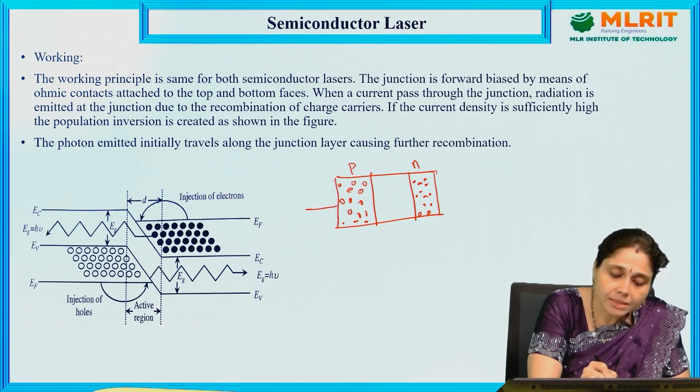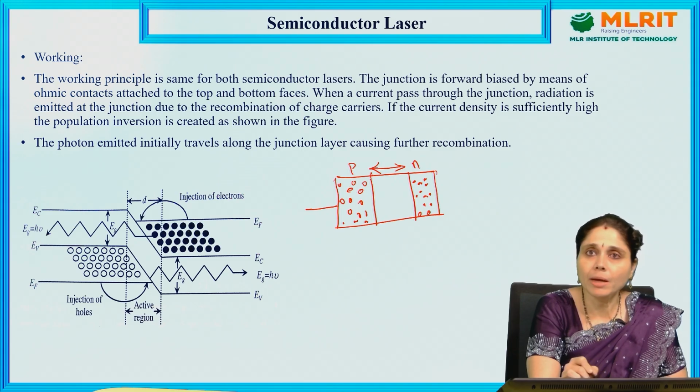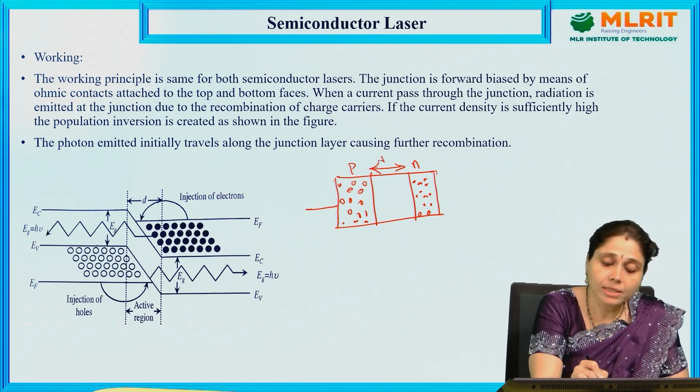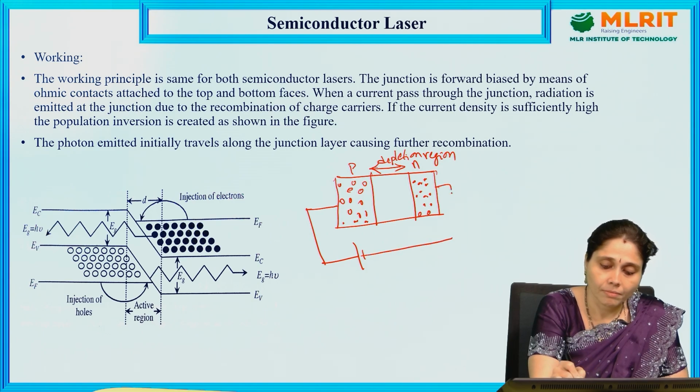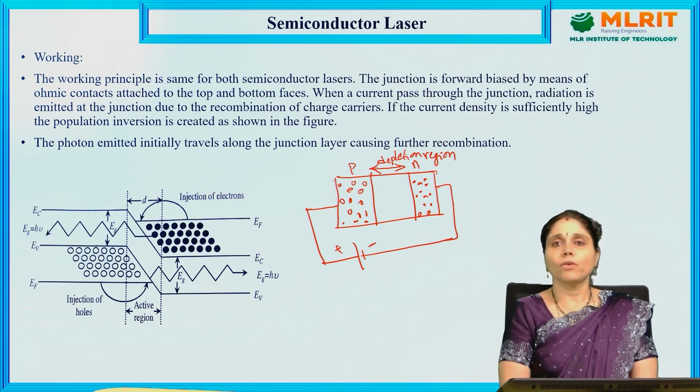Forward bias means this is the junction formed between p-type and n-type material, which is called the depletion region. This is known as forward bias.